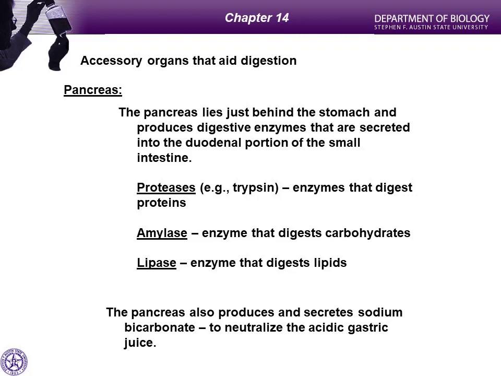If we don't have enough sodium bicarbonate and our pH stays too low because of the acid, all of these enzymes will get denatured and we will not chemically digest the material that we ate. So it's difficult to say which is most important. They're all important in the process of chemical digestion.